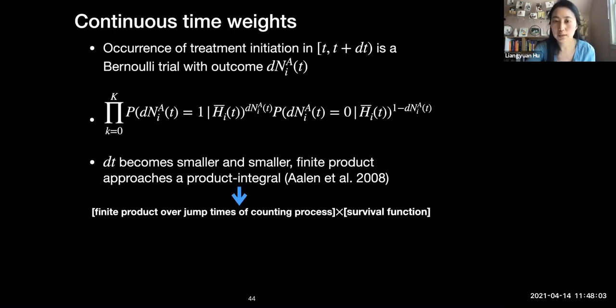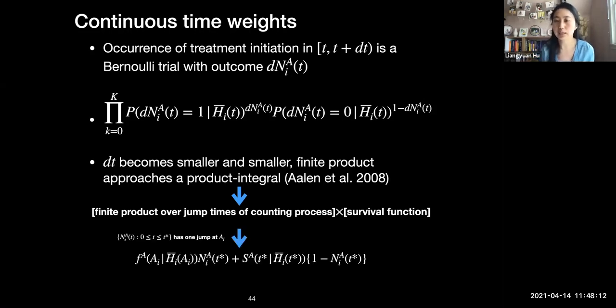This can be written as the finite product over jump times of the counting process times the survival function. And then by further recognizing that each person has at most one jump at exactly time A_i, we could further reduce this product into this formula, which suggests the weighting scheme.